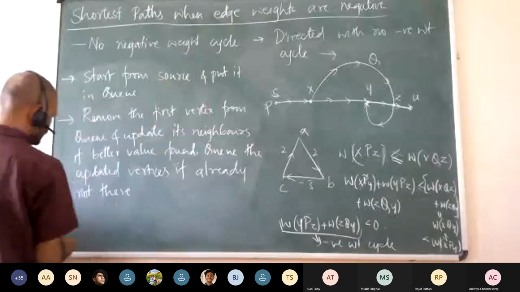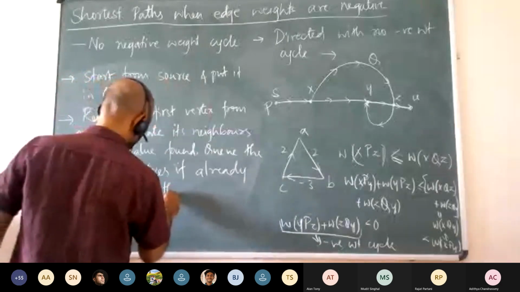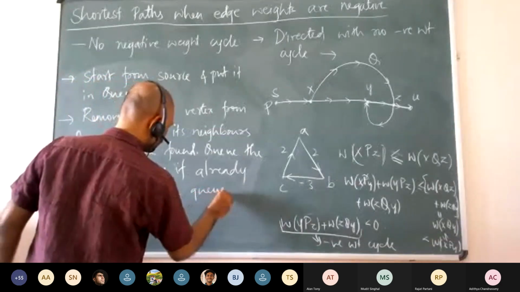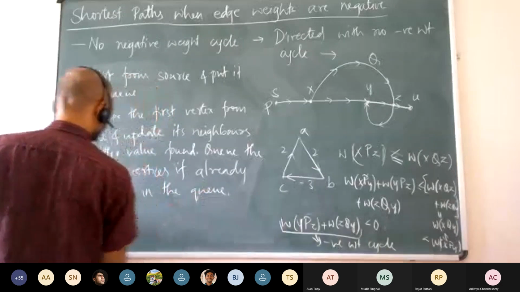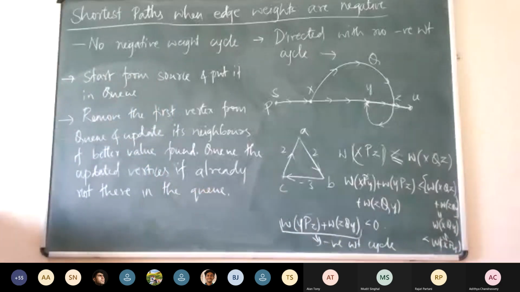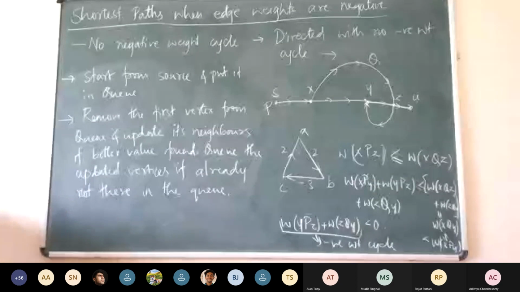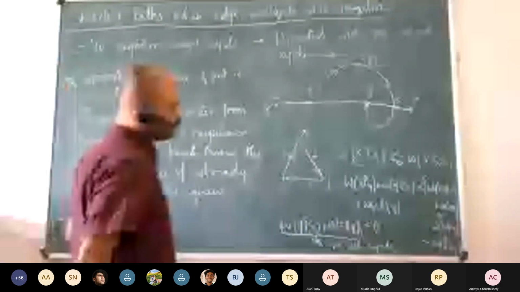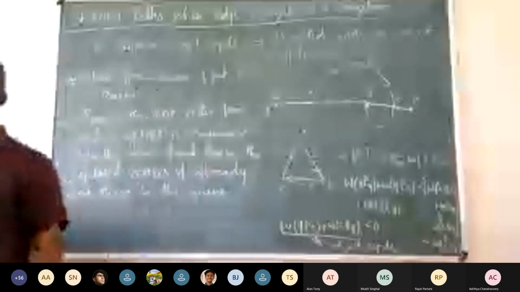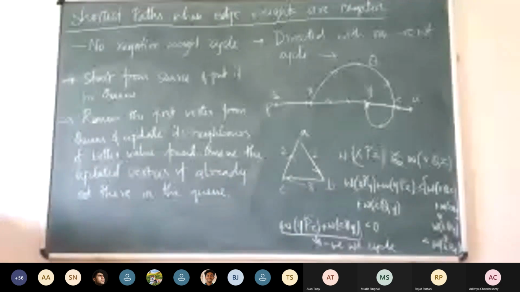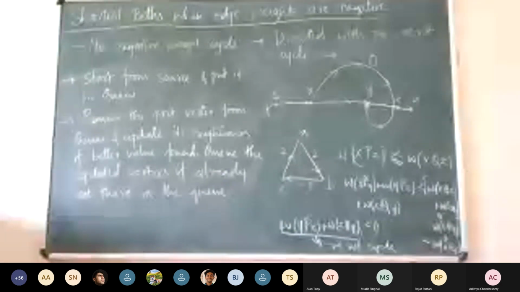If it is there in the queue, you won't do anything. So this was the algorithm, right? You keep on doing it in this manner. Once you update it, if it is not already in the queue, you enqueue it again. If it's already there in the queue, it is just updated and you leave it at that. This was the algorithm which we are trying to say works. So is this fine?